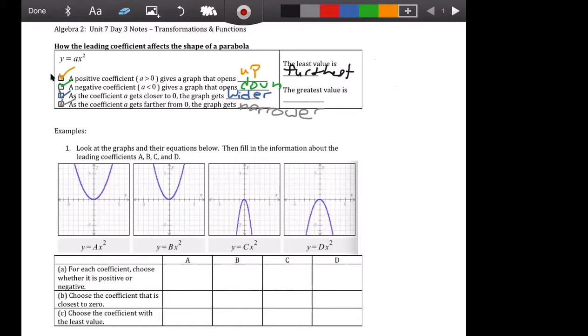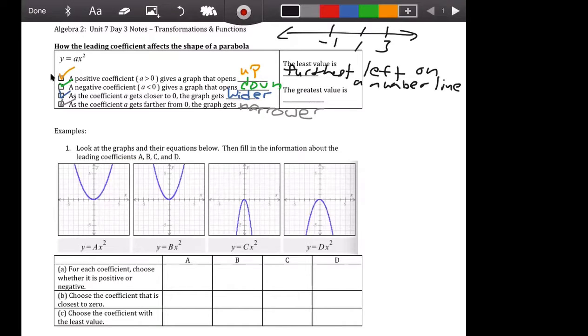So the least value is the number, the A, that is furthest to the left on a number line. So if you had a number line and you had 3, 1, -1, -5, the least value of all of those would be the -5 because it's the furthest to the left.